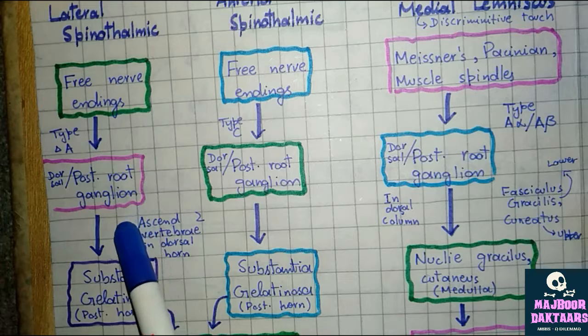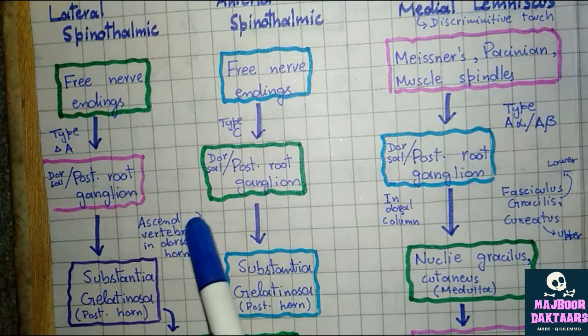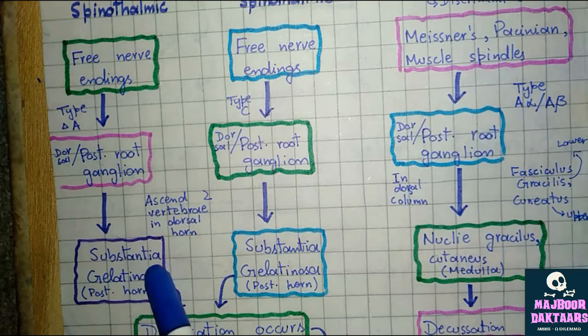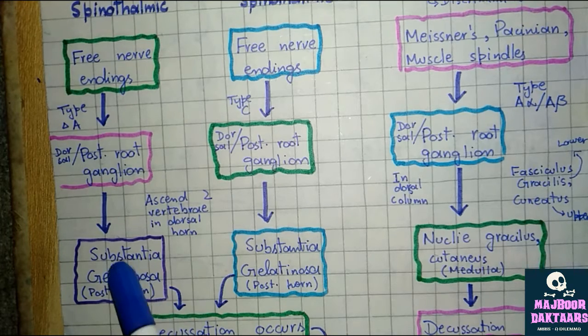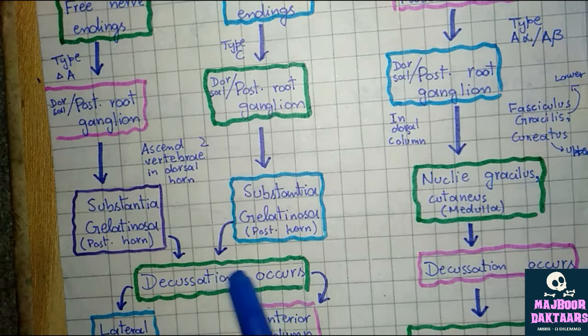I have explained earlier what it is. From there, the fibers ascend a few vertebral levels in the dorsal horn and then synapse with the substantia gelatinosa cells, which are a collection of cells in the posterior horn of the spinal cord. From the substantia gelatinosa, fibers arise and decussate.